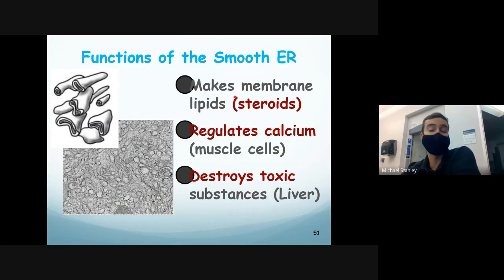So it does help make and produce some components for the cell. But the big thing it does is then it sends them where they need to go. So it's sort of like local shipping, essentially. Whereas the rough ER would be like out of state or international shipping.